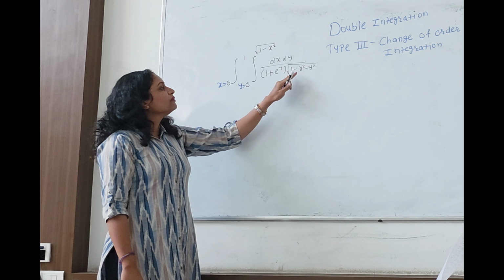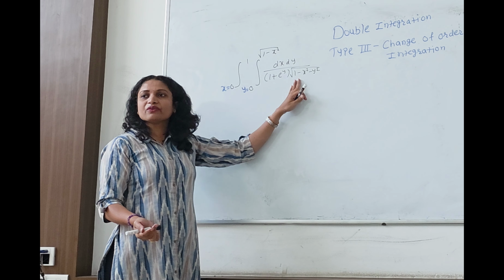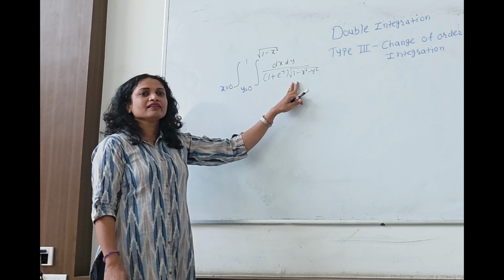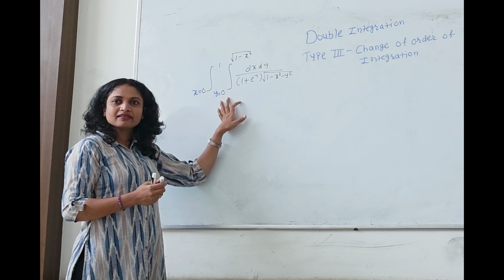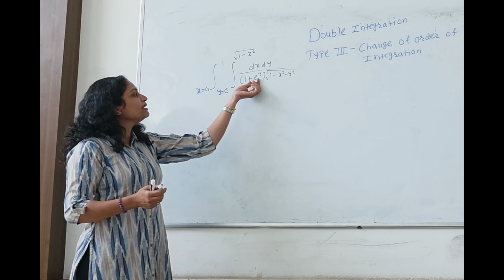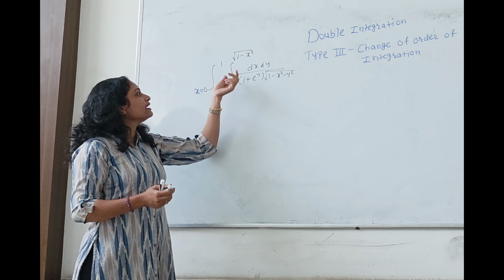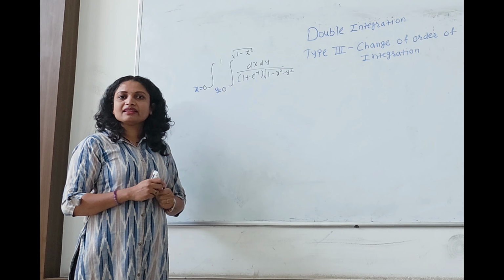Both the terms are in terms of y and they are in the denominator as well. One is in the square root. We don't have any standard formula of integration to evaluate this. Instead, if I integrate firstly with respect to x, this y will be constant, this whole bracket will be constant ultimately, and we can take it outside. Just you need to integrate this one, isn't it?